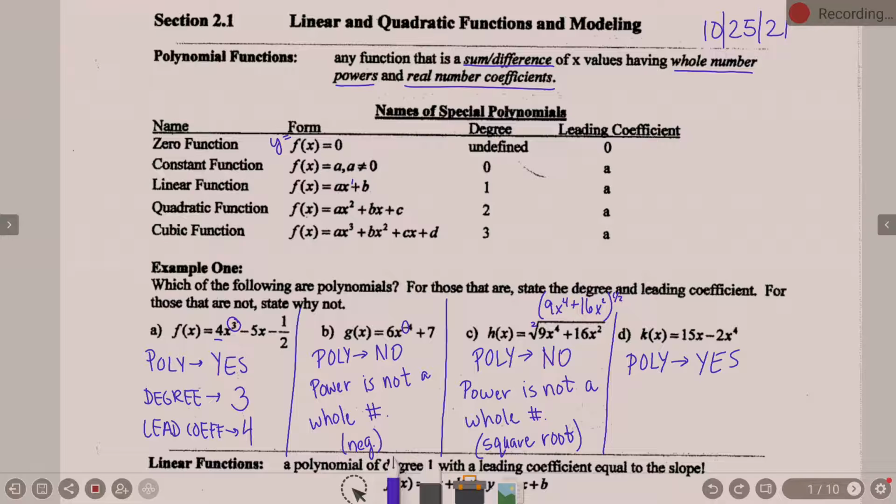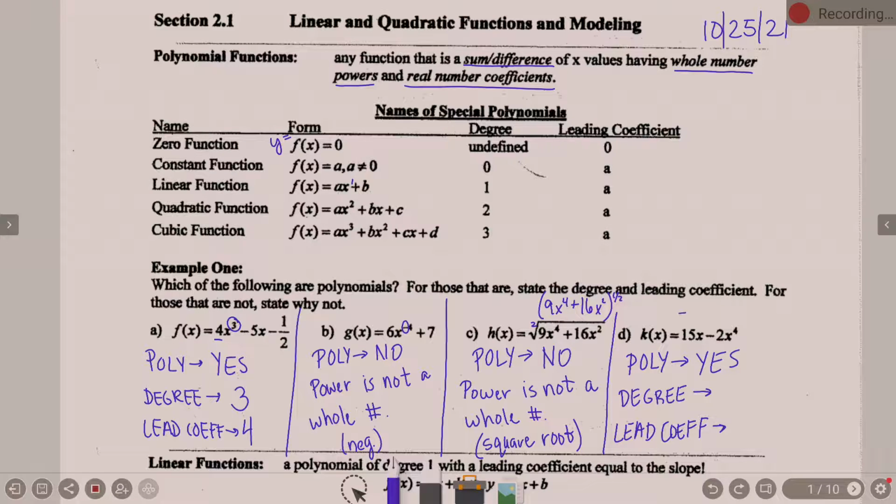Now, if it's a polynomial, what questions did we have to ask? We had to answer degree and leading coefficient. What is the degree? 4.